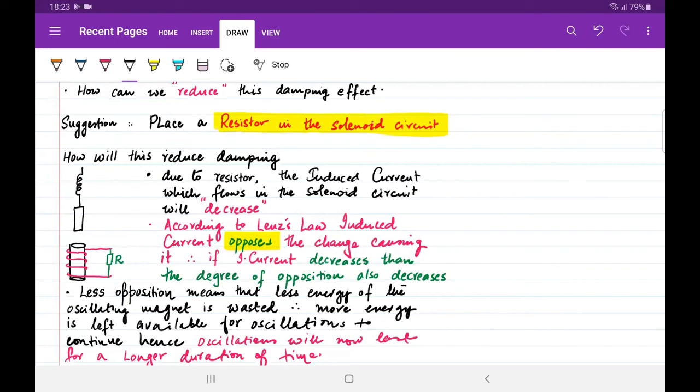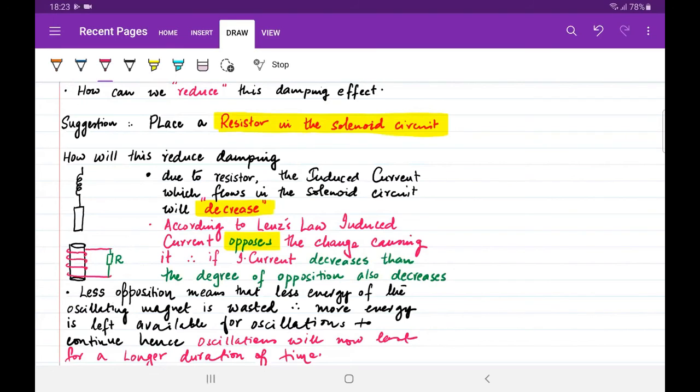The first statement, due to resistor, the induced current which flows in the solenoid circuit will decrease. है ना, resistor के आने से current का magnitude कम हो जाएगा. So induced current decreases in magnitude.